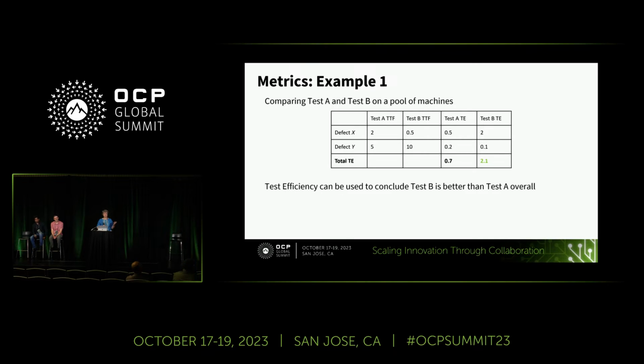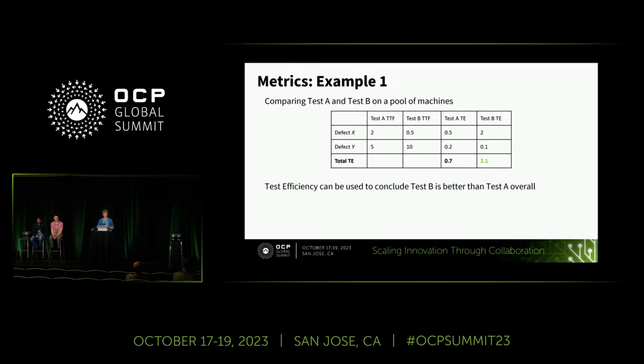And here, just for a little bit of a better understanding, we're giving a couple of examples. In this case, we're looking at 2 tests, A and B, that run on the same pool of machines and that have different times to fail.